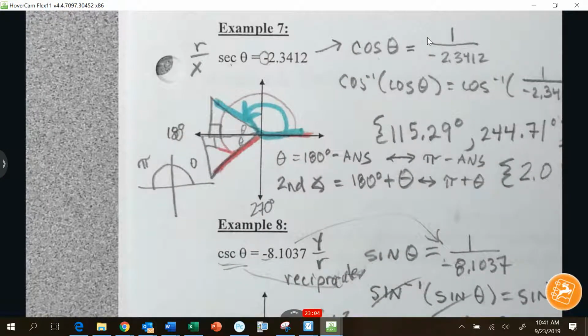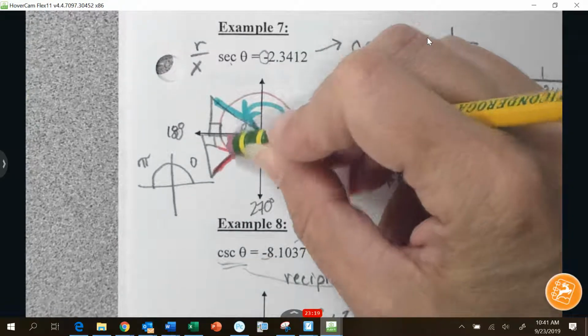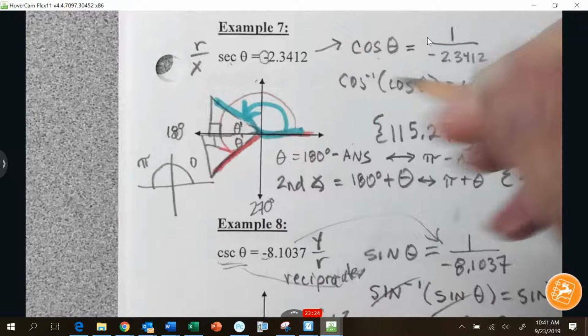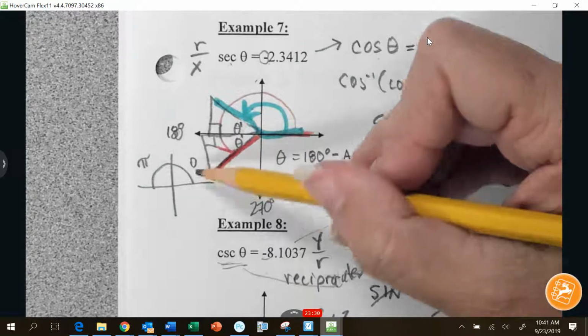So inverse cosine gave negative 2.34. Aren't you solving for theta there? You are. It did give us one of the angles. When you say theta, I've got so many thetas going on here. I should call these theta prime. It's not solving this angle. It's telling you one of the angles between 0 and pi.